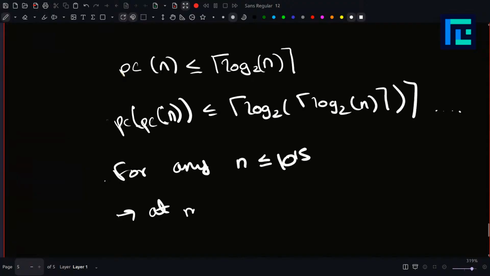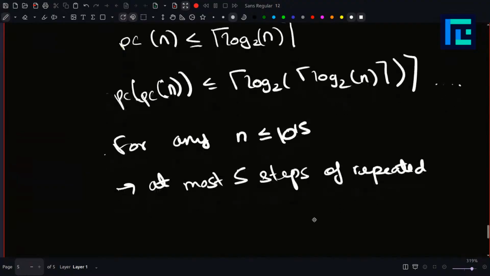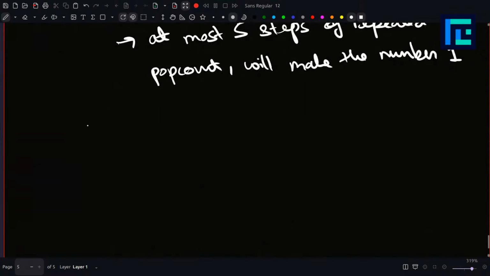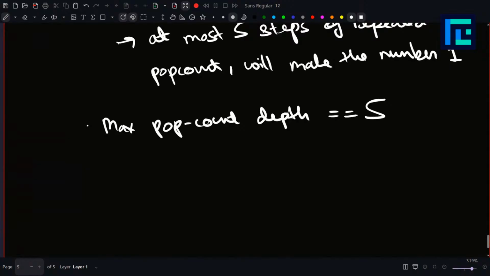At most 5 steps of repeated pop count will make the number equal to 1. So basically max pop count depth is equal to 5. So the possible values of pop count depth are 0, 1, 2, 3, 4, 5.